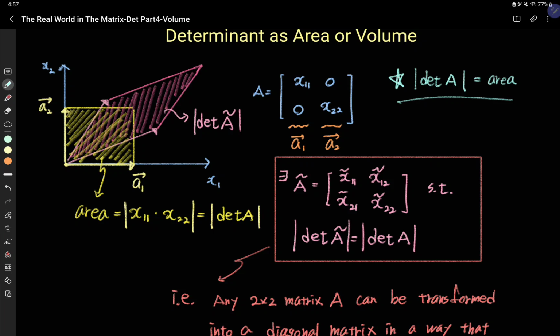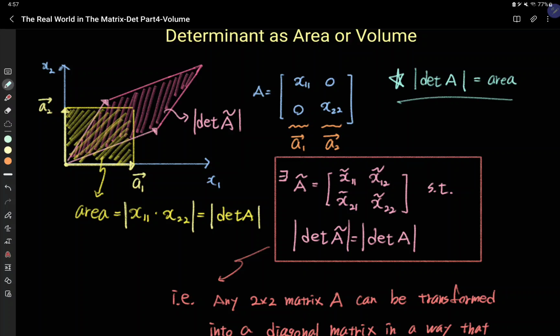We can transform the matrix A to a diagonal matrix, so that the area of this rectangle is equal to the area of the parallelogram.